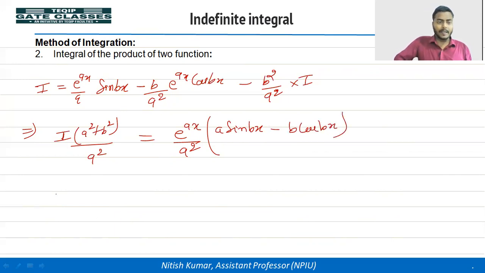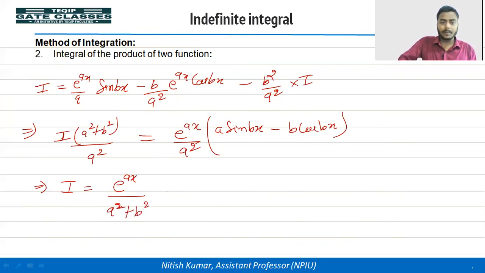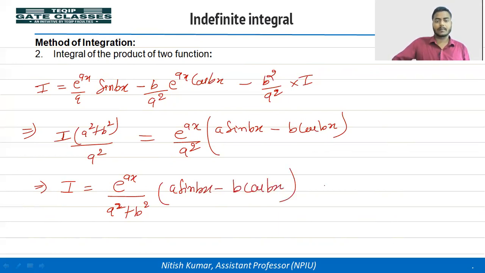A square would be cancelled, so we can write I is equal to e to the power ax divided by a square plus b square into a sin bx minus b cos bx, and this was equal to the integration of e to the power ax into sin bx.